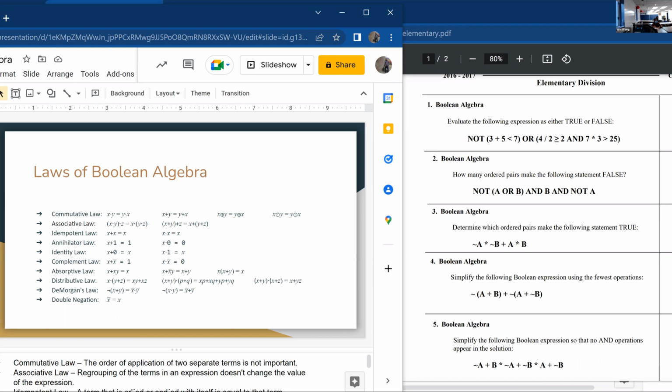You got not B in both parts, and there's an or in the middle. So you can call not B X, and you can take the not B out, and so it becomes not B. Yeah, we can do this.